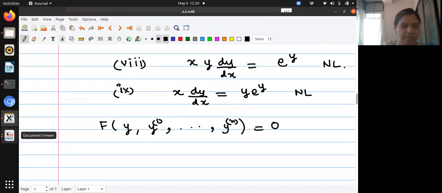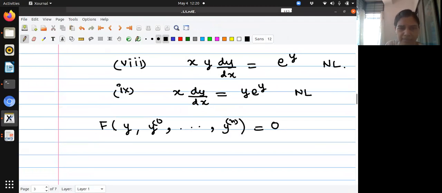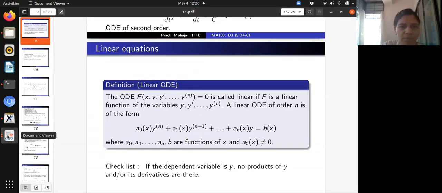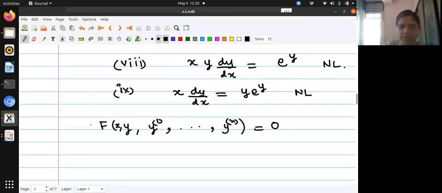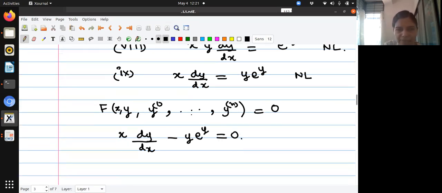Let's go back to this slide again. I'll also incorporate x here. That's given. So f should be linear in all of these variables. For example, if you write the last example, x dy by dx plus y e to the power y equal to 0, f in this example is the left hand side.